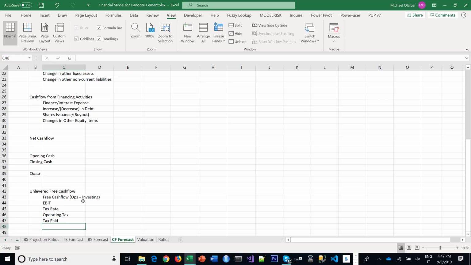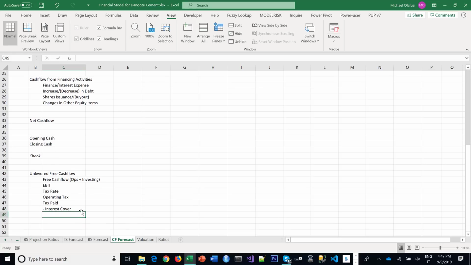Then I'm going to remove the tax interest cover, the interest cover that you get due to tax, because of the debts you have.